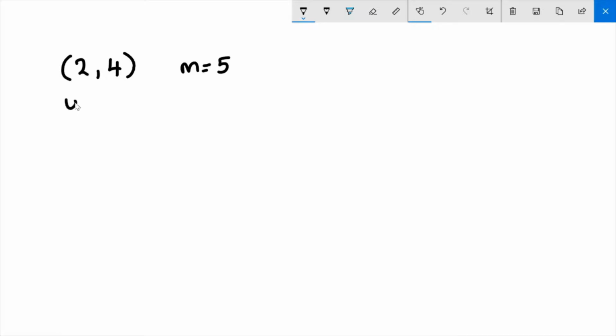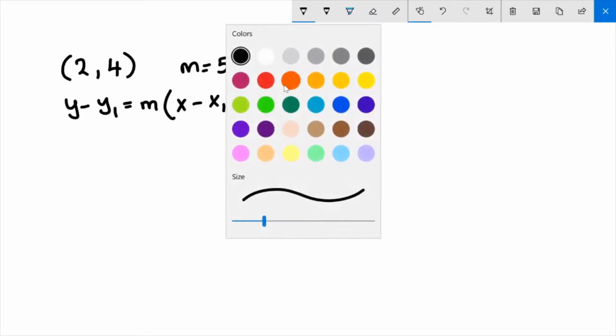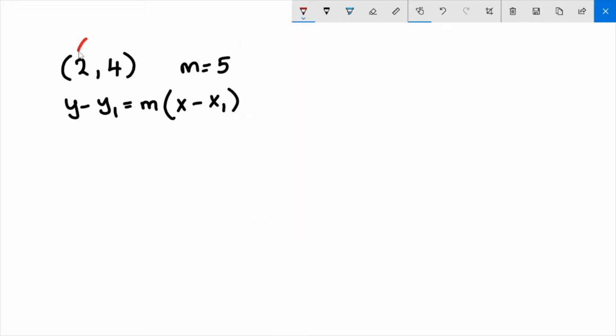We'll say y minus y1 equals m times (x minus x1). In our case, this is x1 and this is y1, so we'll plug in x1 and y1 here and here.